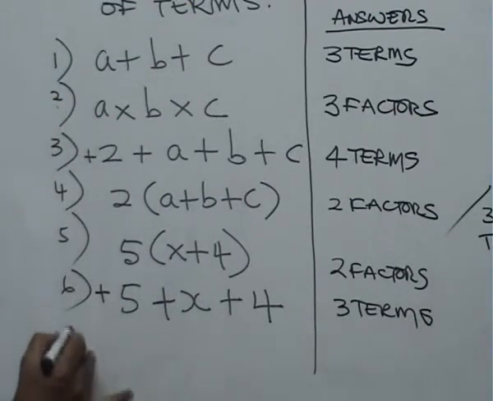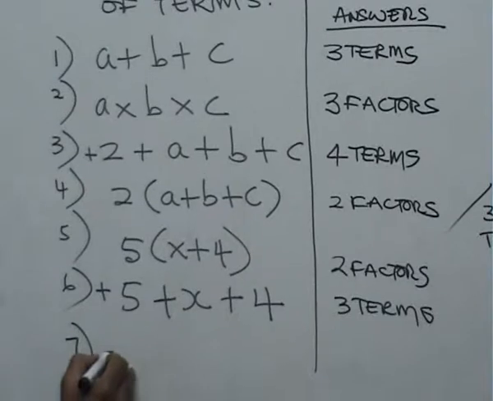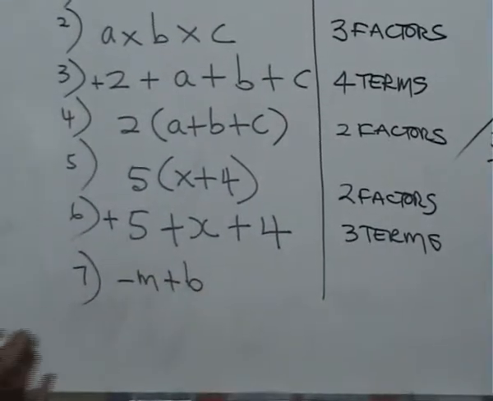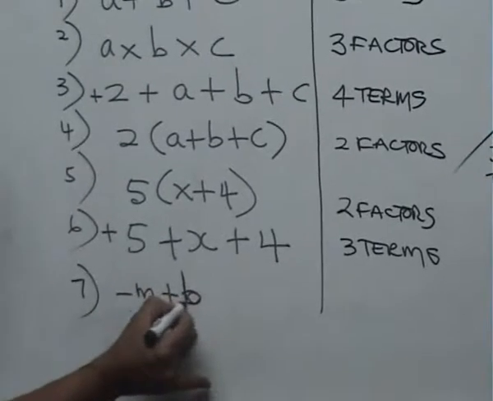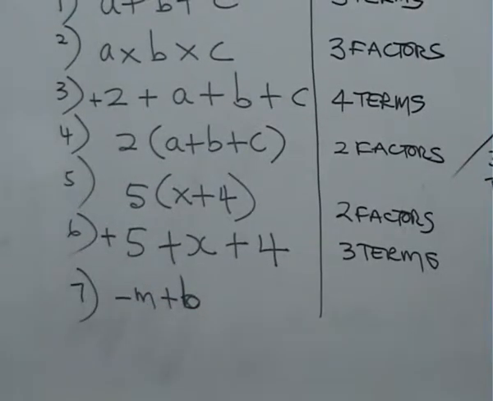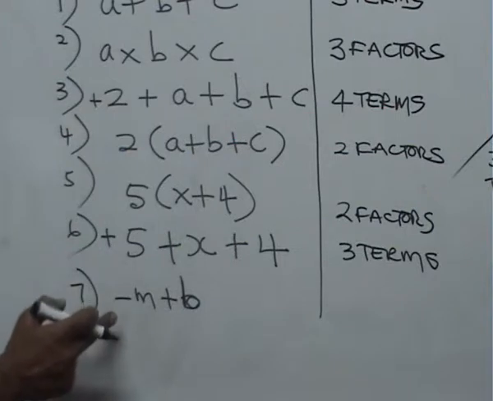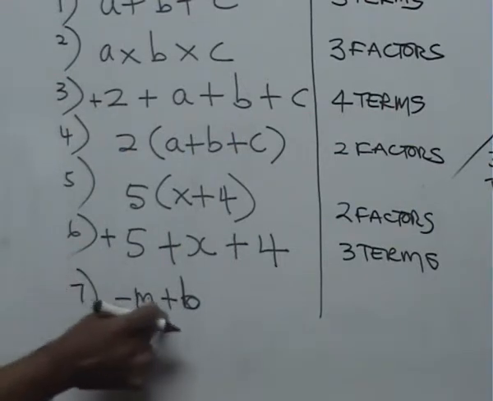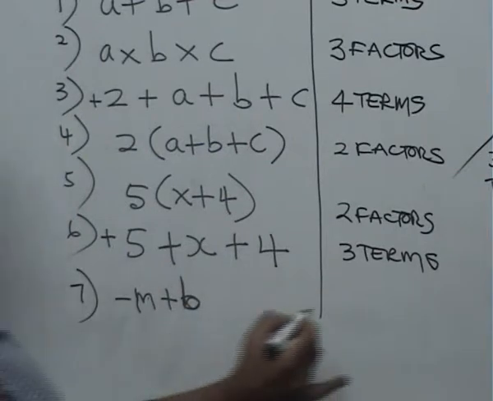Right, let's just do one more. Number 7. Minus m plus b. Well, in this case, we have 2 terms, because you've got minus m, which is one term, and plus b, which is another term.